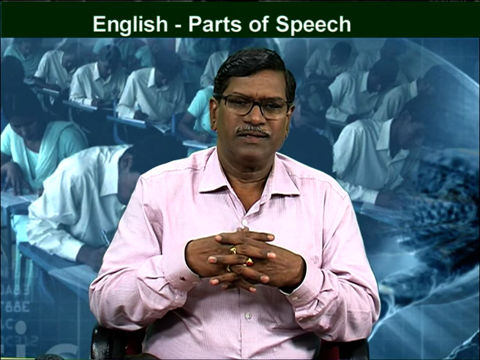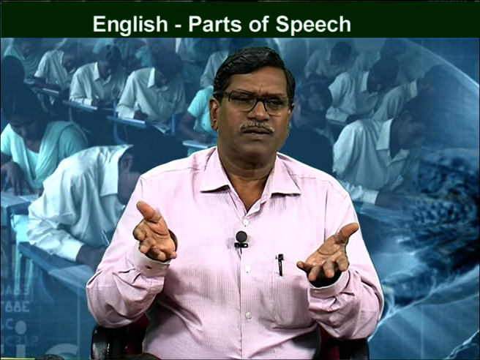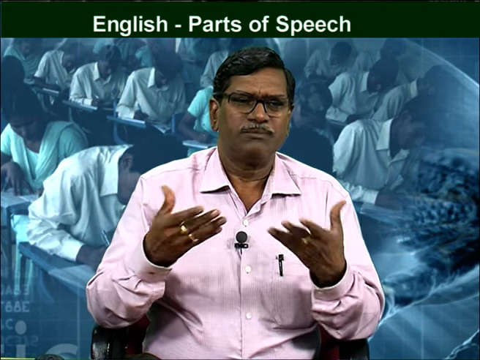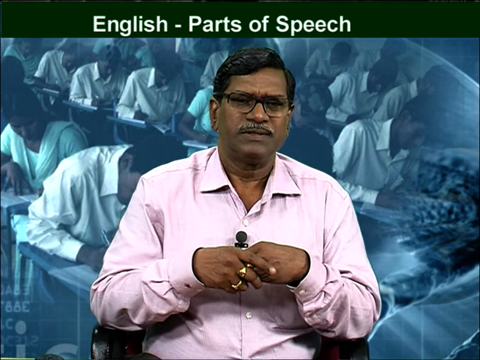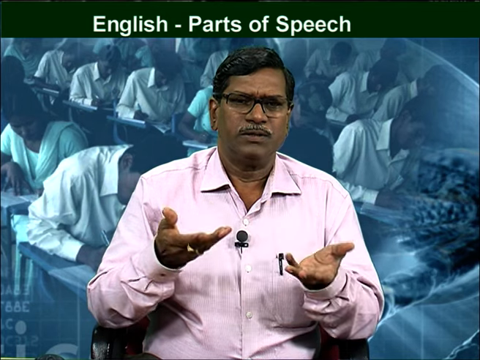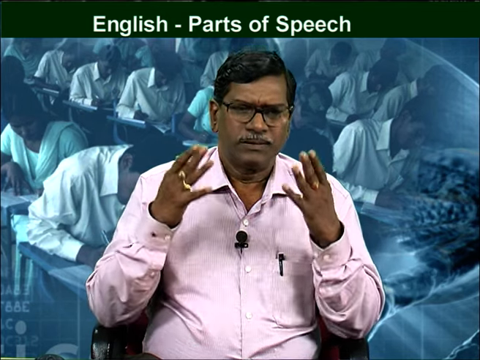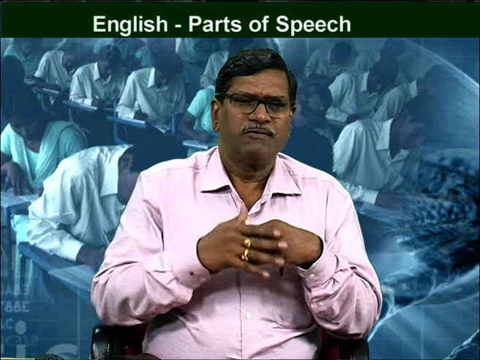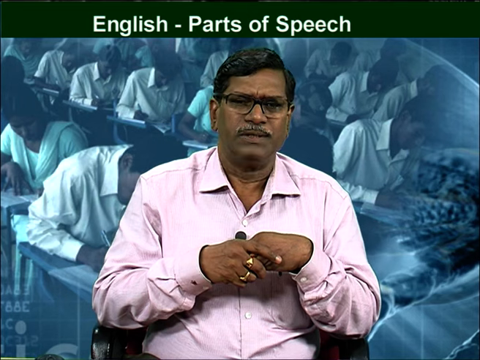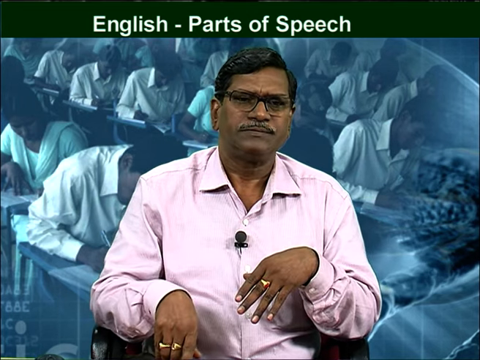The evil, the goodness, or bad. Some people are considered to be bad. Some people are considered to be good by means of their actions. So, evil, good, truth, these are all the things which we can notice only with our thinking ability. So, they are called abstract nouns.